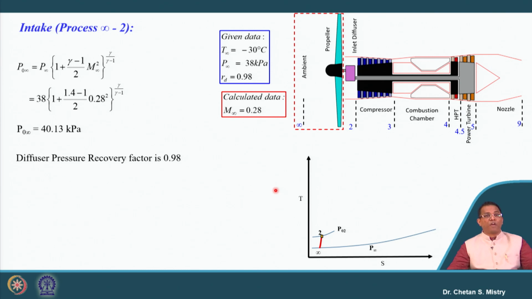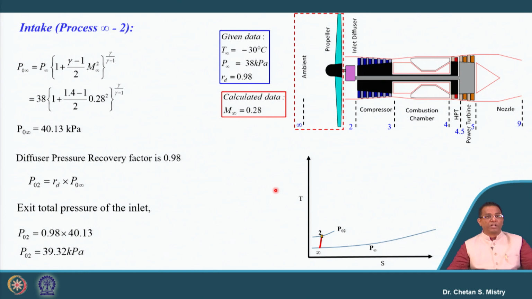Now, since we have information about the diffuser pressure recovery factor, it is 0.98. Let's put this, it's the ratio of P02 by P0 infinity. If we put these numbers, our exit pressure comes to be 39.32 kilopascal.